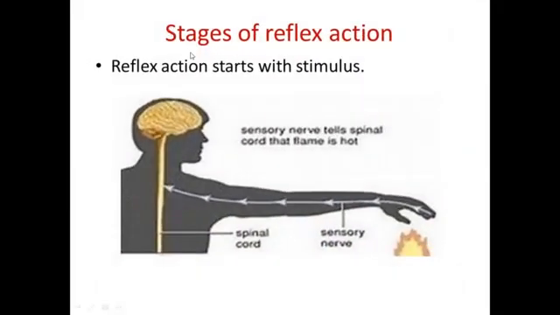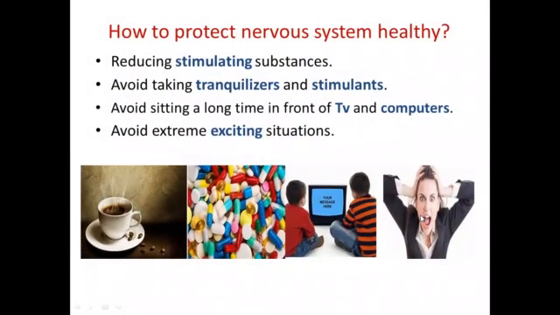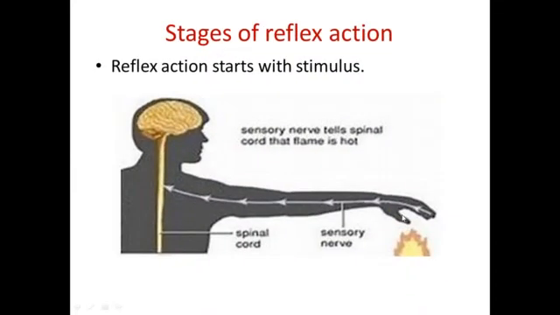But what are the stages of reflex action? First, when your hand touches something, there is an impulse that moves through the sensory nerve to the spinal cord, which responds by delivering a message through the nerve to your hand, carrying an order to withdraw your hand quickly away from the source of the impulse.